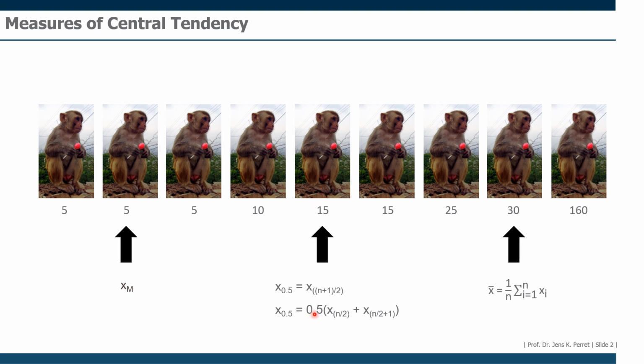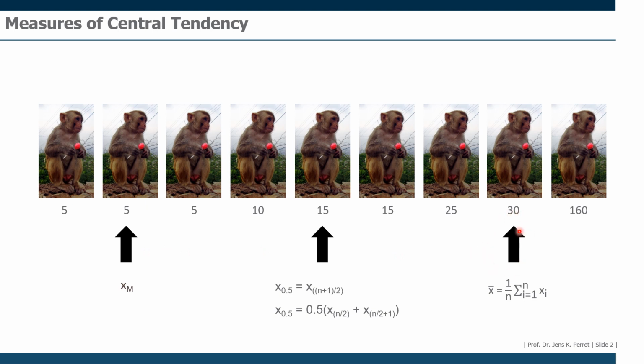In an even dataset or a dataset with an even number of observations, the median is not part of the dataset, but it lies directly between 2 observations. The mode always is part of the dataset. That's the definition.